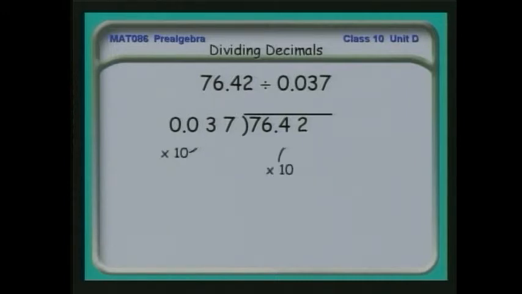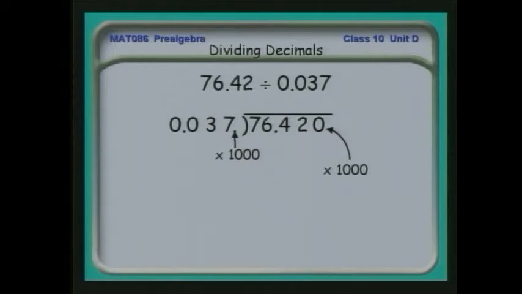Let's try it. I multiply both numbers by 10. Don't have a whole number yet in the number I'm dividing by. 100, no, not yet. How about 1,000? Aha, I'm done. So what I've done is, in both cases, moved the decimal point to the right 3 places.